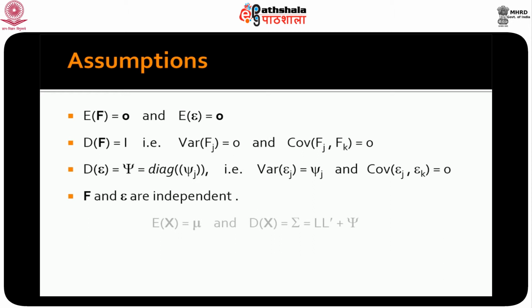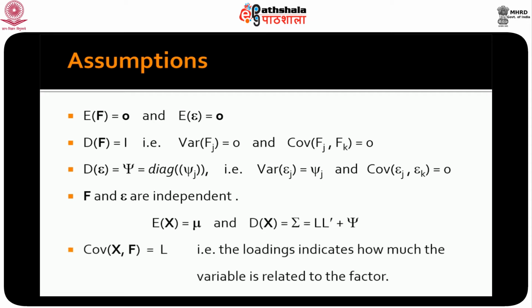Remember that we can also show that the covariance between x and f is equal to L. That is, the factor loadings actually give us the relationship between the factors and the corresponding variables. This measures the covariance between these two.